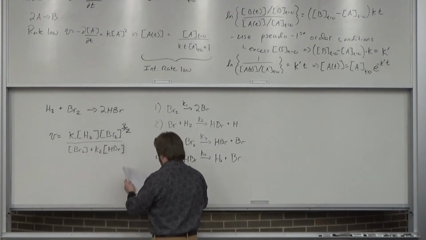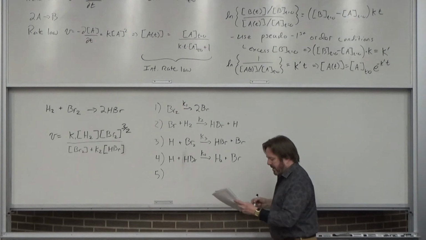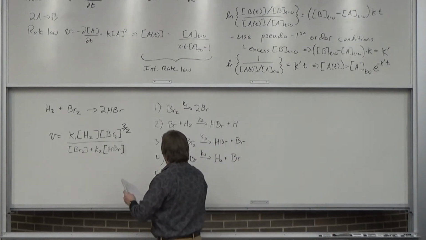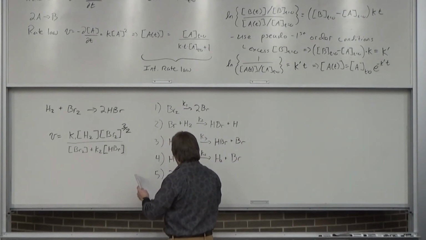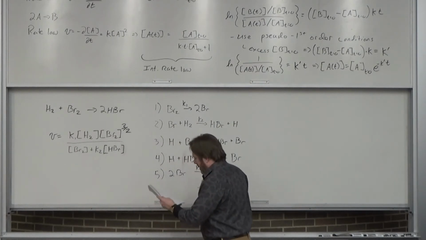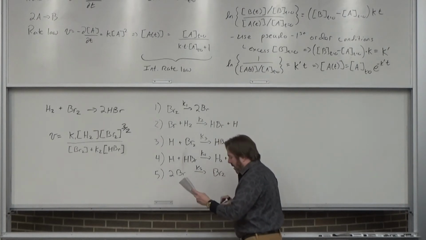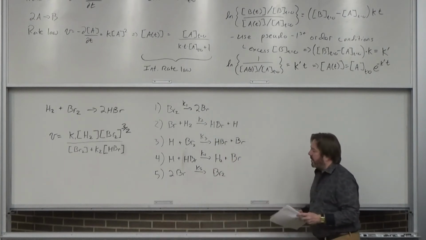Okay, now if number 2 is reversible, then guess what? Probably number 1 is too. So what I could do is I could have 2 bromines with rate K5 go to Br2. That's number 1 in reverse.